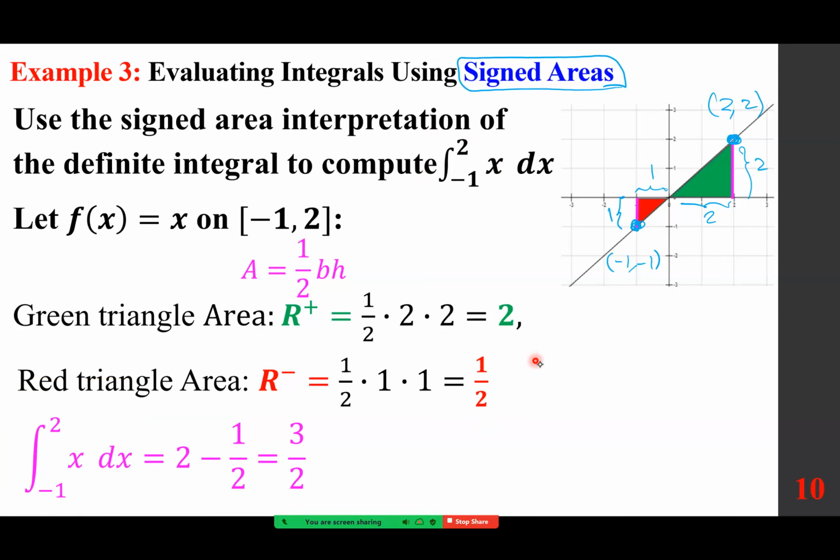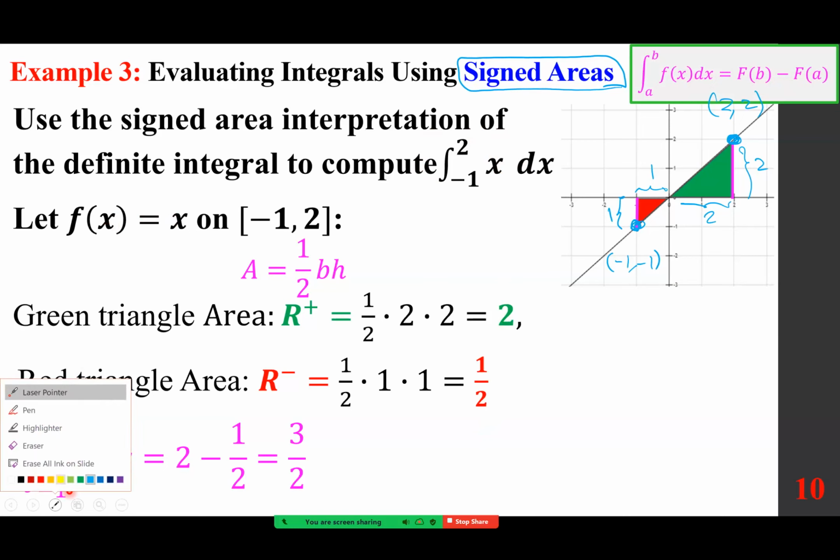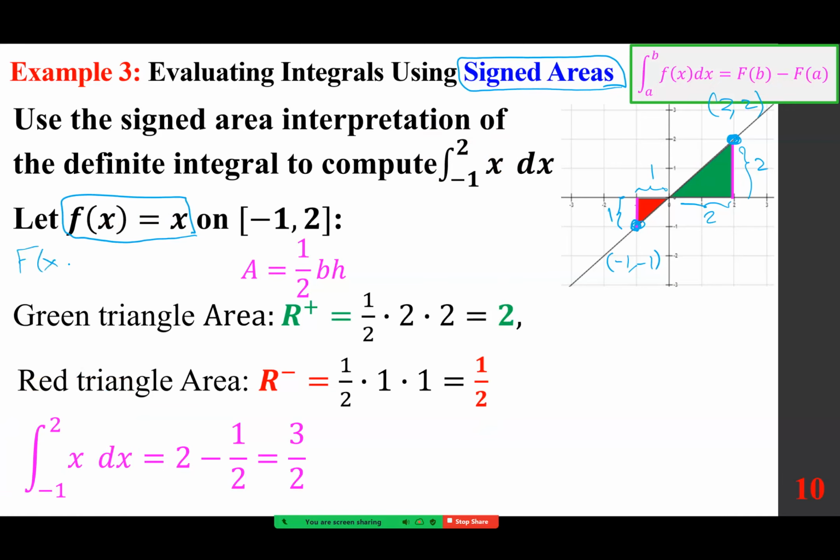Now, let me show you again with this methodology that was called FTC, Fundamental Theorem of Calculus. So here's your function, everybody. Capital F of x is what? Half of x squared plus a constant. The reason we're not going to use the constant is because we are evaluating this at the endpoints, and even if you use the constant, they cancel each other.